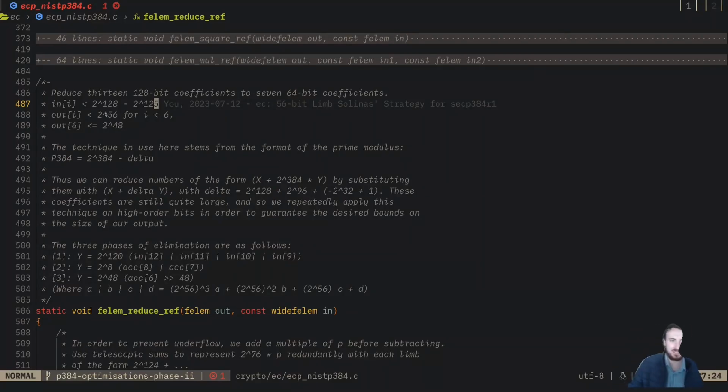And so statically, we've got to be able to prove, in order to call this function, that your limbs are smaller than this sum, because of some voodoo magic I do later. And if all those things are true, then we're going to reduce your number so that it's at most a factor of 2 larger than the prime.